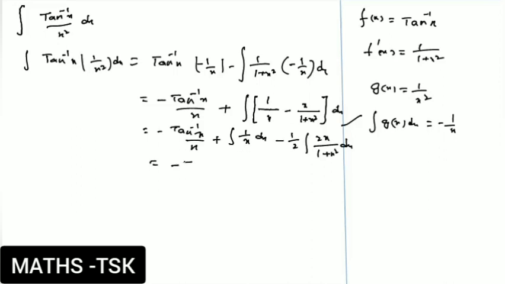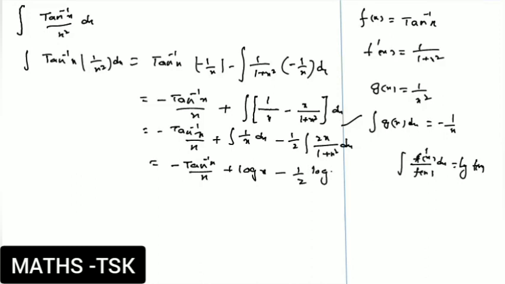So we'll get minus tan inverse of x by x, and then plus log x minus 1 by 2 into the formula for integration of f dash of x by f of x into dx is equal to log of f of x. So I can write it as log of 1 plus x square plus c.